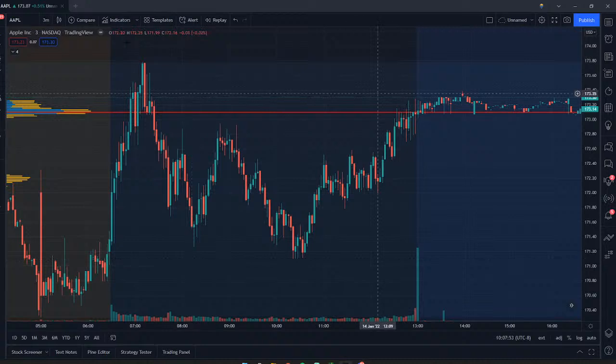This is the Apple 3-minute chart. Or like I said, on Twitter, just message me and show me what you're talking about on the chart. Just draw an arrow or something, and I'll go over it with you. Discord will be better because we can do a video call and I can explain things to you.